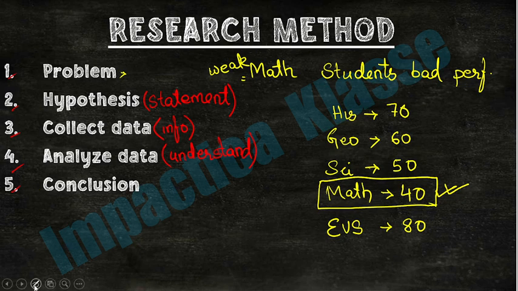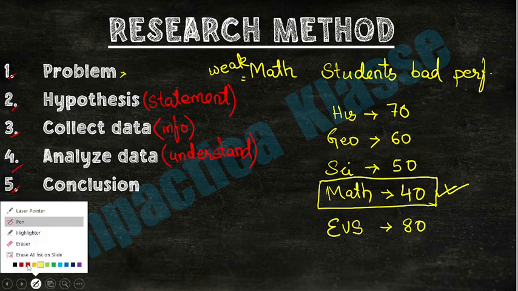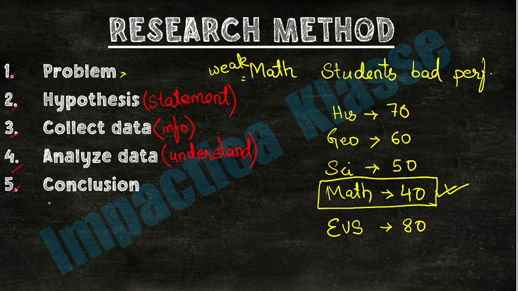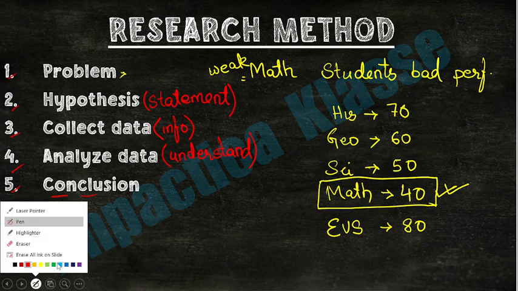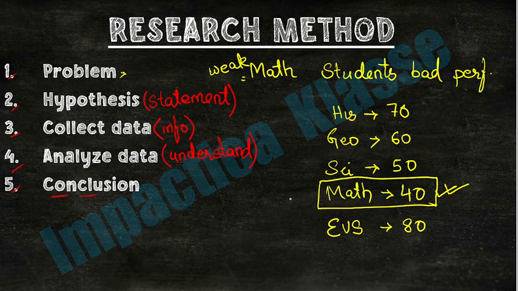At last you will do a conclusion. In the conclusion you can see that the students are weak in mathematics, but you can also highlight the fact that the students are overall weak in all the science subjects.